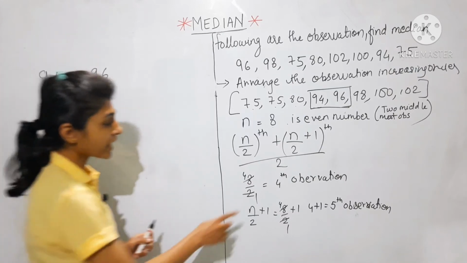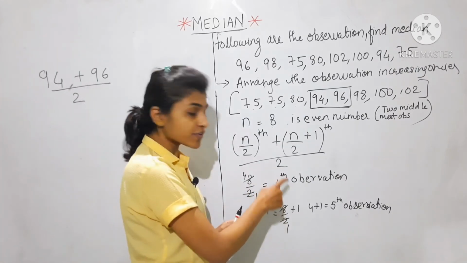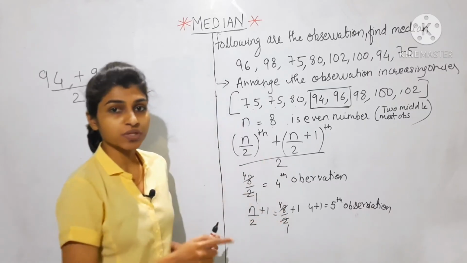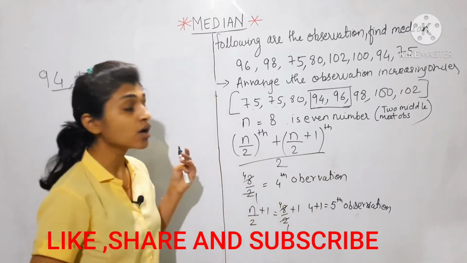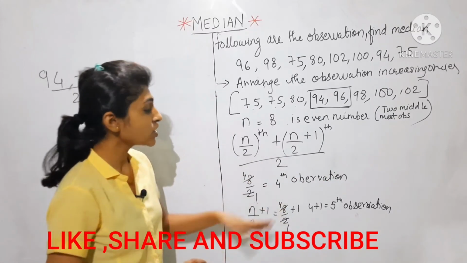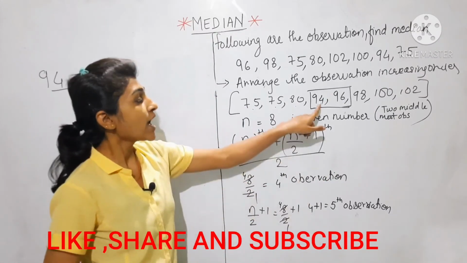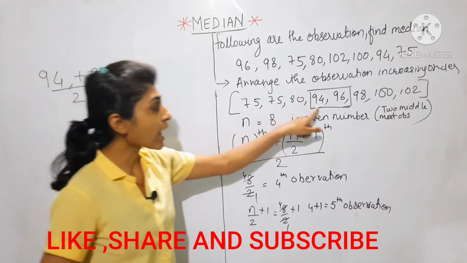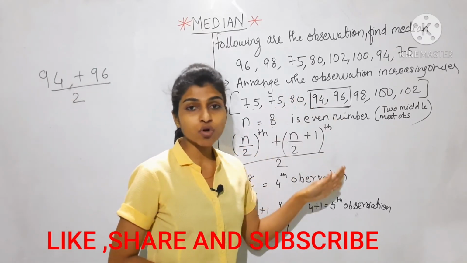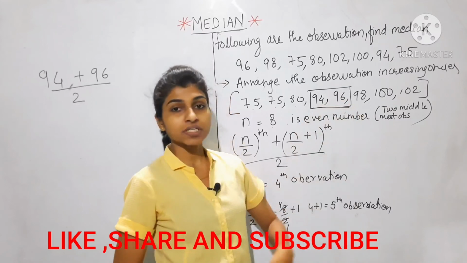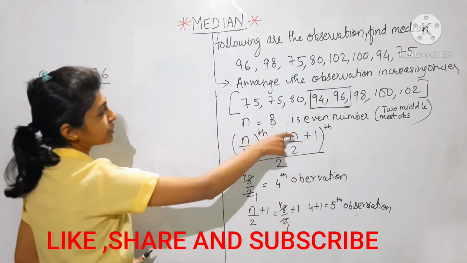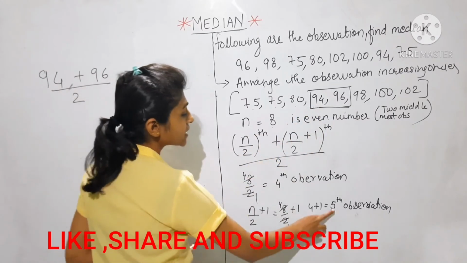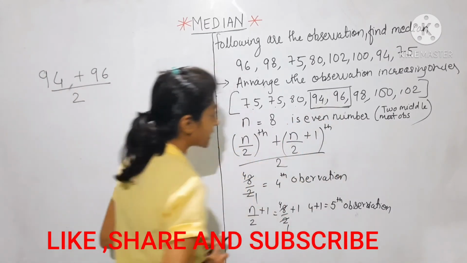First find which observation it is, whether second, third or fifth, whatever it is. Then in your data count which number is the fourth observation and which is the fifth. In my example the fourth observation is 94 and the fifth is 96.